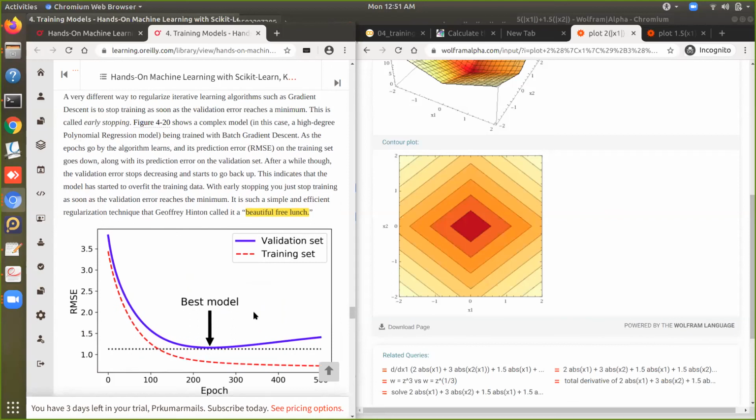If it's 0, then you don't have regularization in your model. Once it's not 0, then you are adding regularization to your model, and how much regularization to add is the question. So we tune this hyperparameter, alpha or lambda, whatever it is, along with the other hyperparameters of the model in the same stride. That's where the question comes: what's the right lambda?